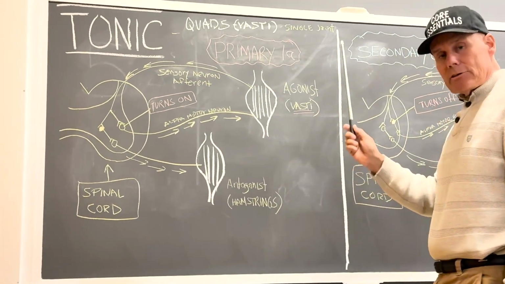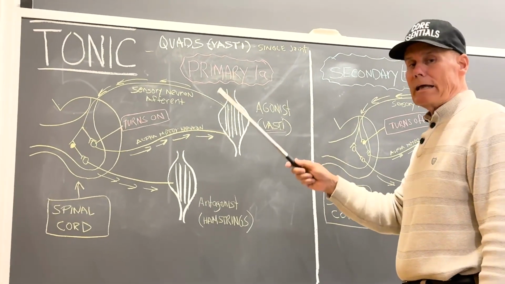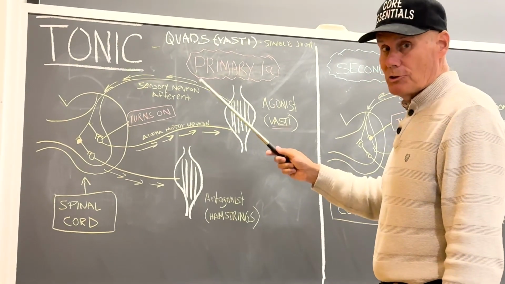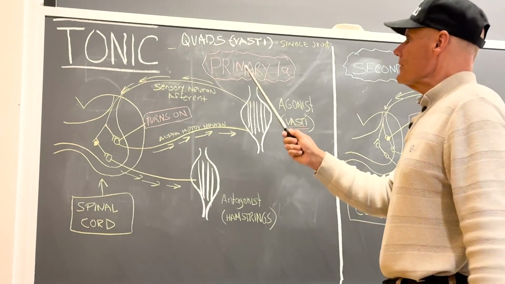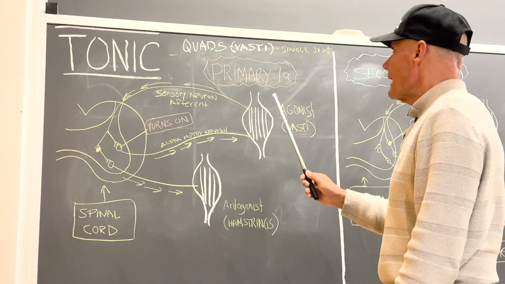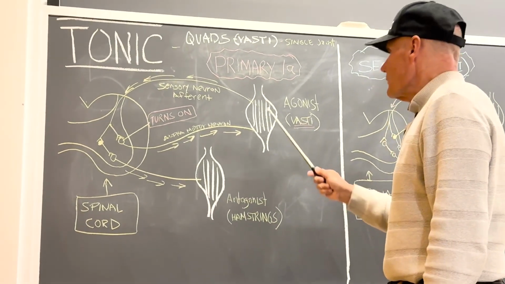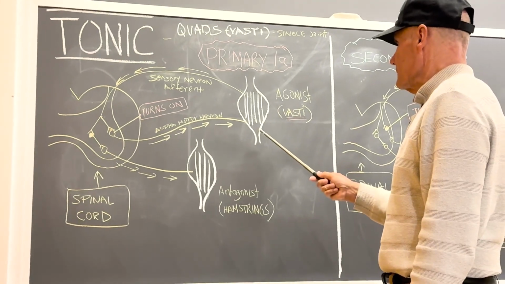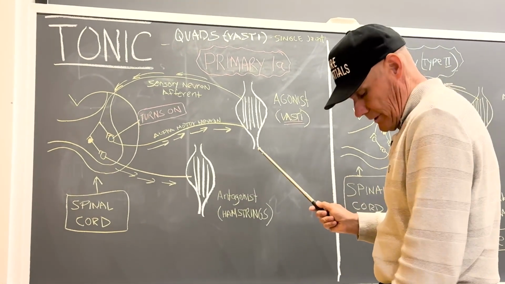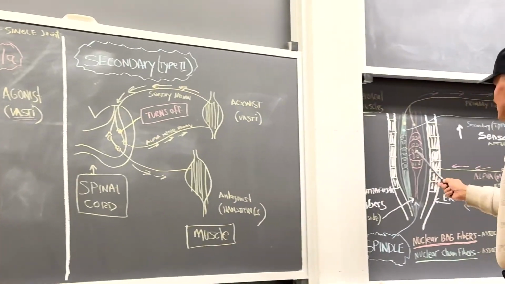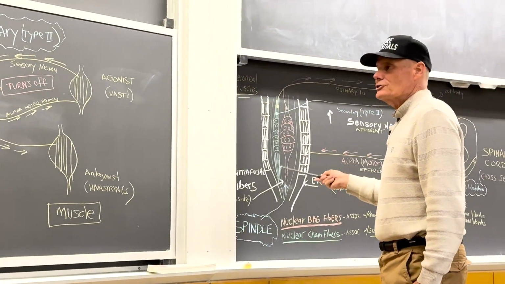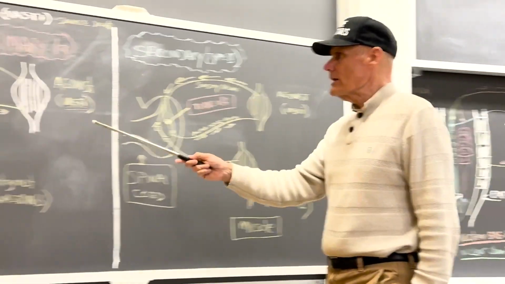It reacts to sustained changes in length and responds well to sustained changes in length, and you'll see that in a second. So let's first go over what happens when the primary 1A senses a stretch in the muscle, in the vasti, the muscles in the front of the thigh. And that is sensed by the spindle, a change in length, right? We're sensing a change in length.